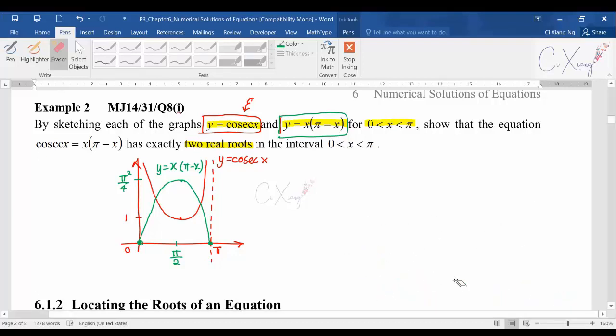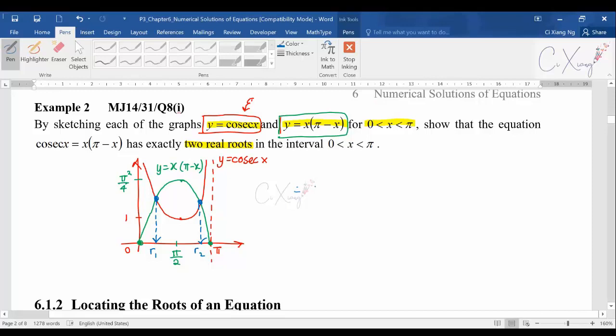After you are done with the graph, usually I will try to figure out, or write out, the intersection points. From here, you can see very clearly that we have 2 intersection points. This is root number 1, this is root number 2. So I will make a simple conclusion here.